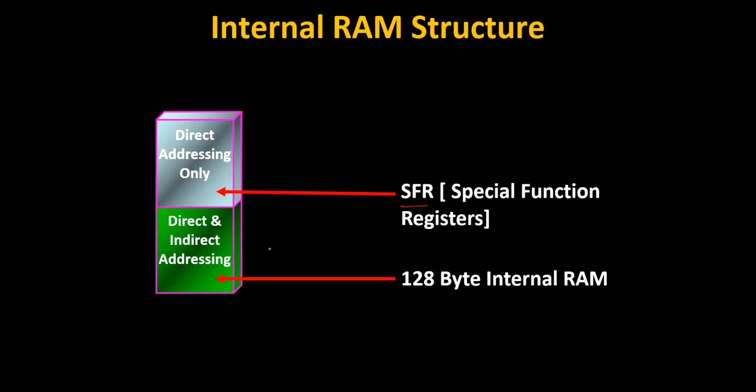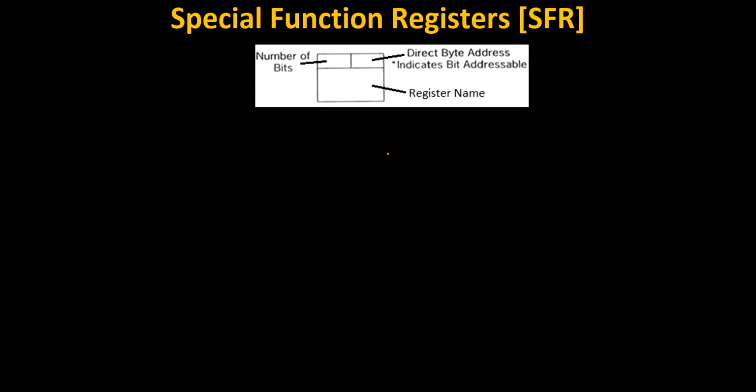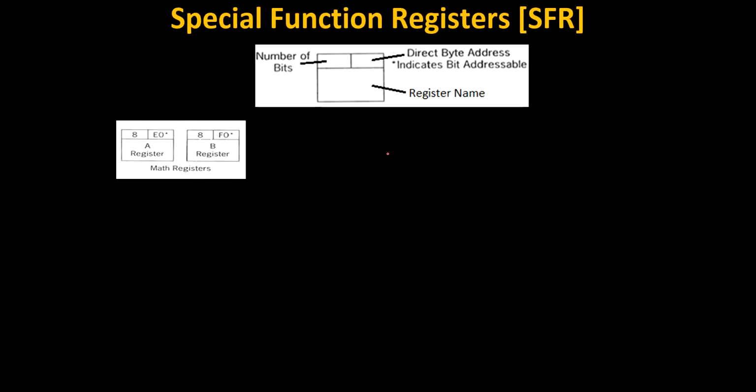The direct and indirect addressing area in the RAM is totally 120 bytes of RAM. So the internal RAM structure is defined as 128 bytes along with your SFR registers. So we'll see the special function registers, that is what we call the SFR registers, and we can see them one by one.